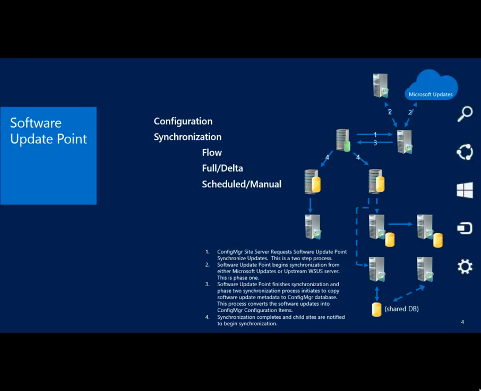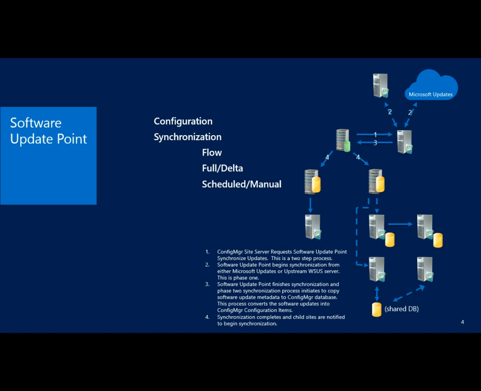So in terms of the synchronization itself, there are 2 types of syncs that can happen: a full synchronization and a delta synchronization. So typically these are very similar, but there is a slight difference between them. A full synchronization is one that will have an opportunity to identify and repair software updates that have problems from previous synchronization attempts.